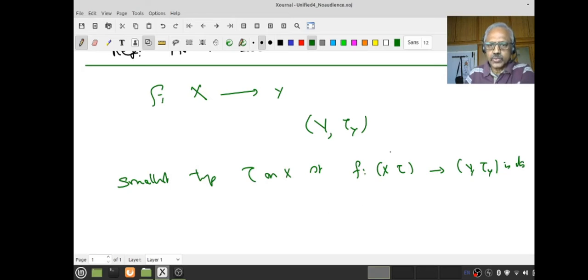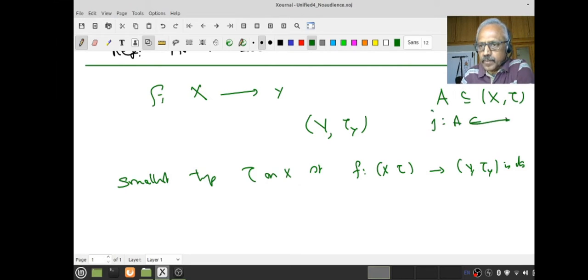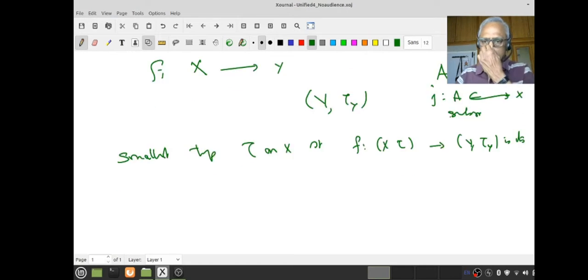A special case was where A is a subset of (X, tau) and j is the inclusion map to X. We got a subspace topology, right?